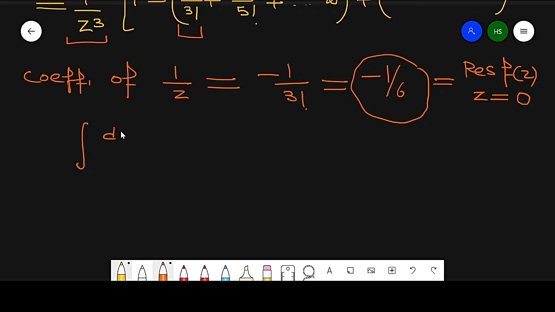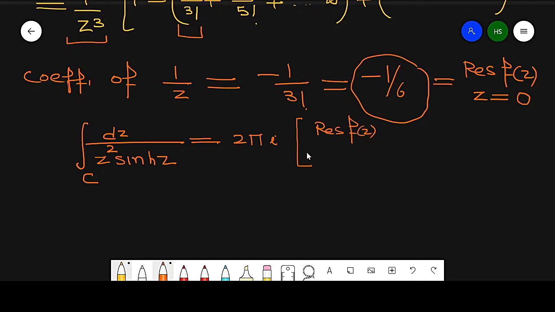The integration of dz over z square sine hyperbolic z around C is equal to 2 pi iota into the residue of the function f of z at z equal to 0.